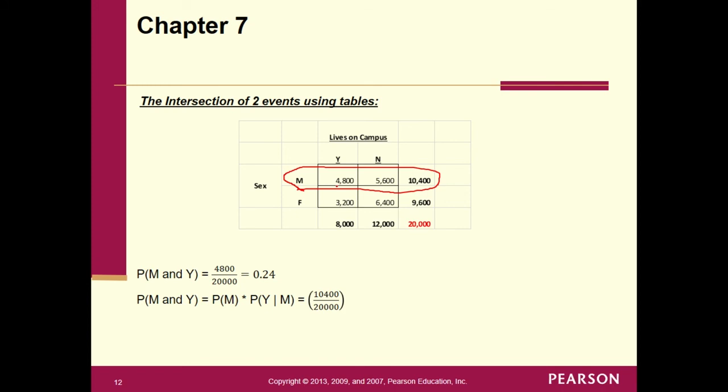So we have 4,800 out of 10,400. And notice what happens here. The 10,400s cross out. We're left with 4,800 divided by the 20,000. And what do you get? 0.24. You get exactly the same thing.